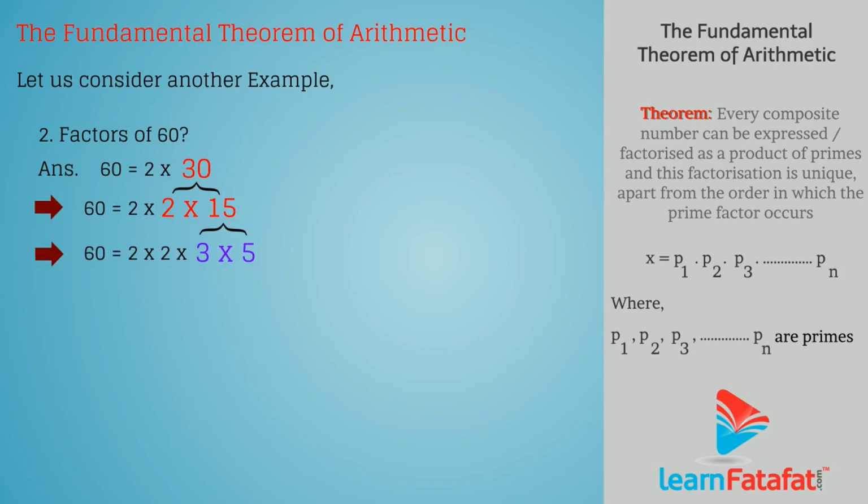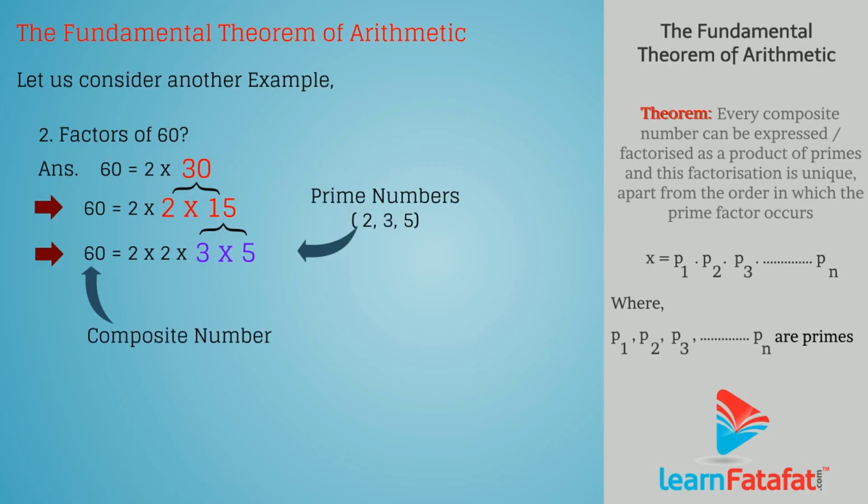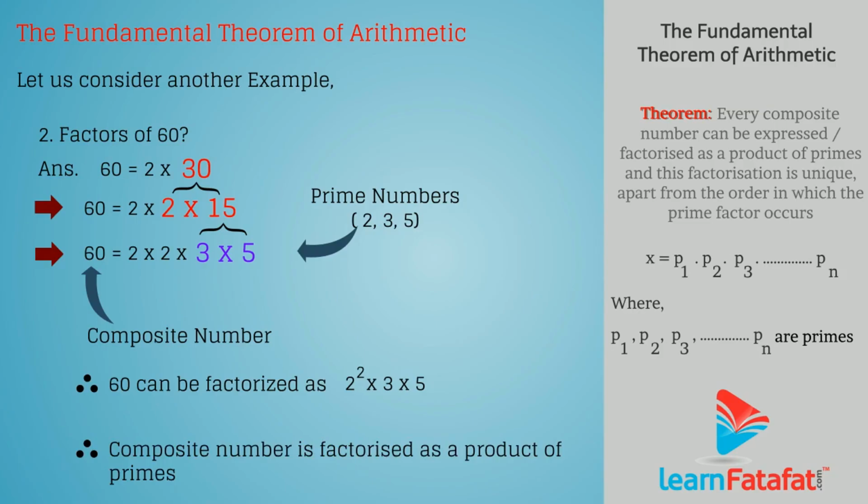That is, 60 is equal to 2 into 2 into 3 into 5. In this example, 2, 3, 5 are prime numbers and 60 is a composite number. 60 is factorized as 2 square into 3 into 5. That is, a product of powers of primes.